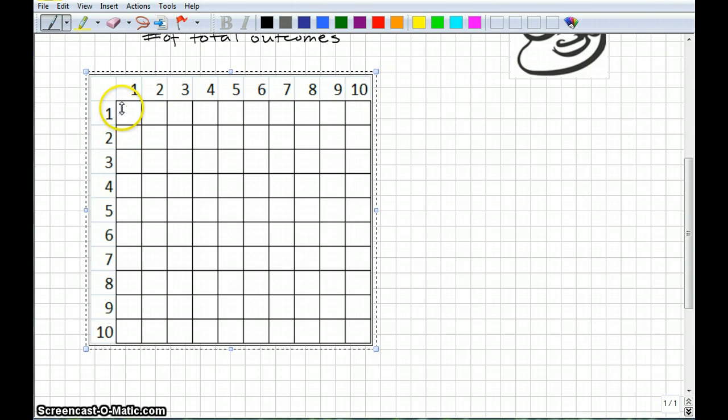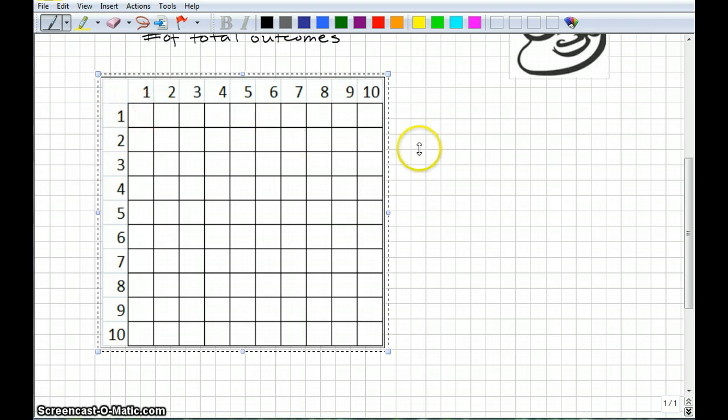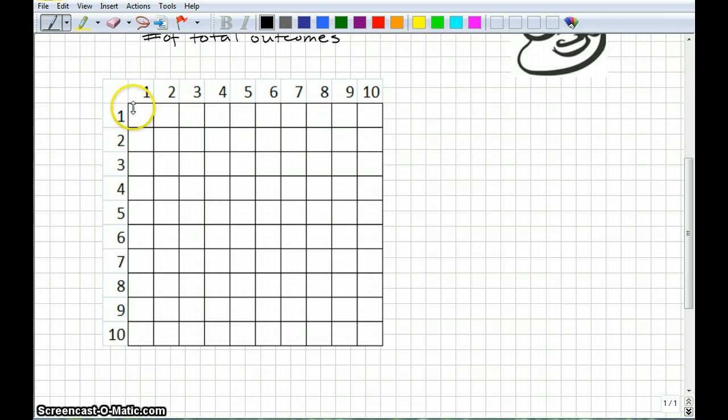So you can't get 1 and 1, 2 and 2, 3 and 3, 4 and 4, 5 and 5, and so on down the diagonal. Drawing this table might help you see what you're working with. Essentially you have a 10 by 10 grid, but some of these aren't possible.